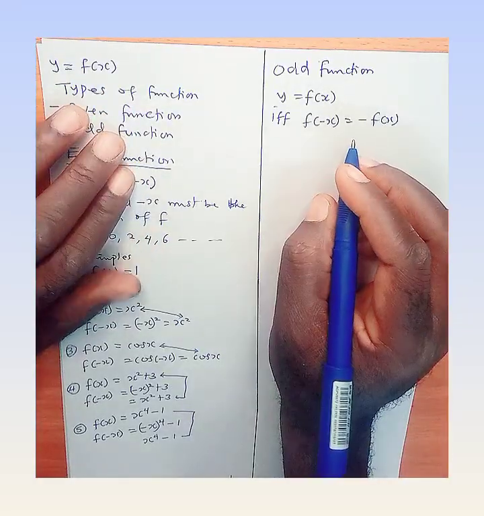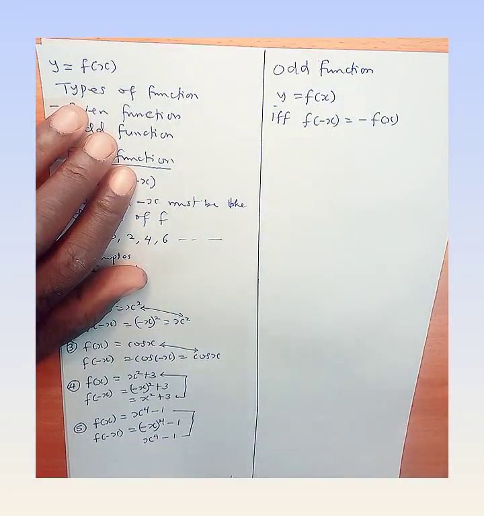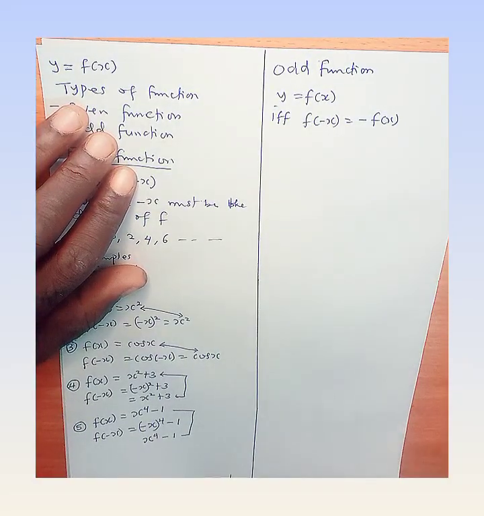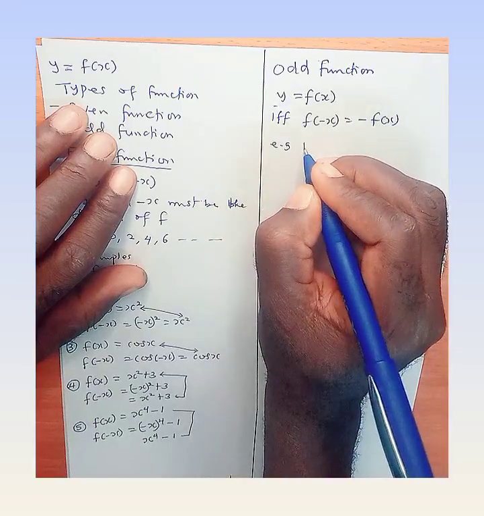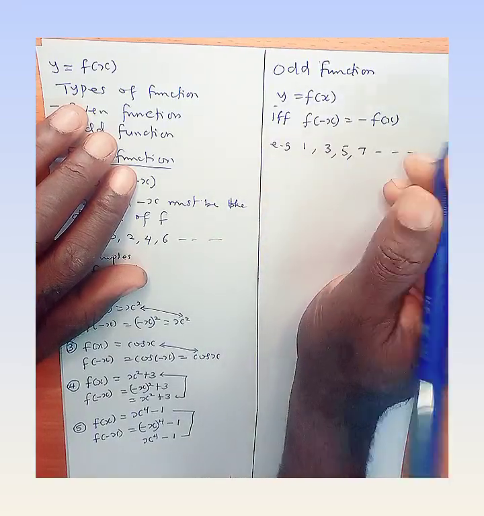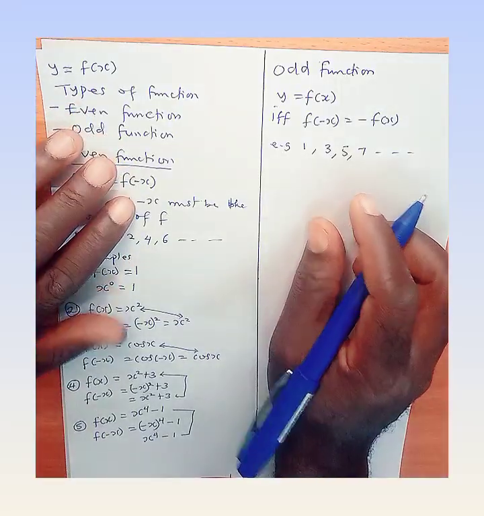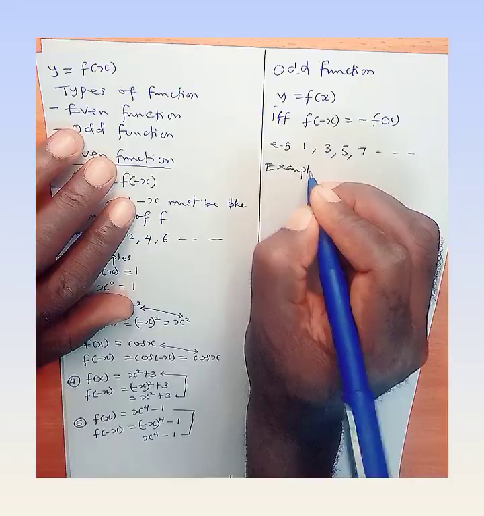This is the condition for a function to be called an odd function. And the power of odd functions are odd. If you have power like power 1, power 3, power 5, power 7, and so on, then such function is an odd function. Let us take a look at some examples here.